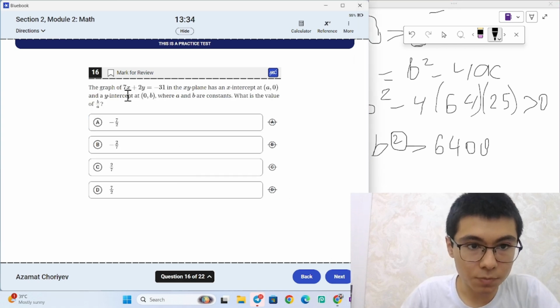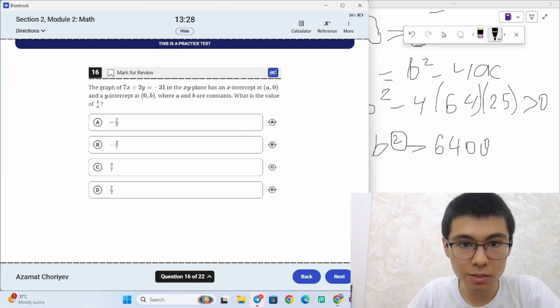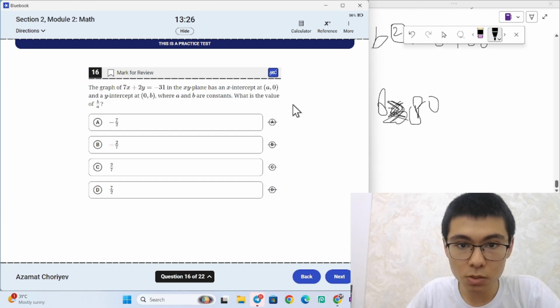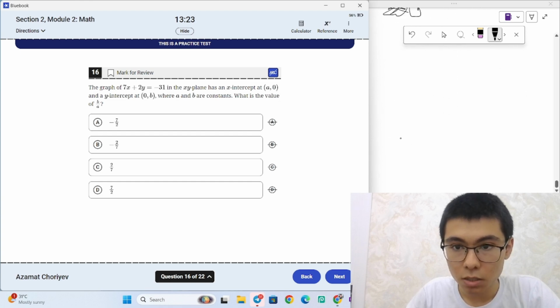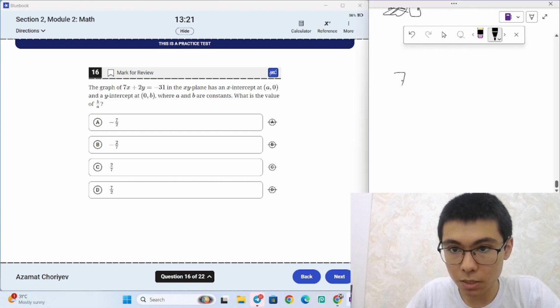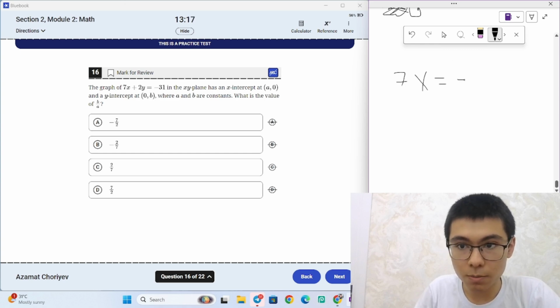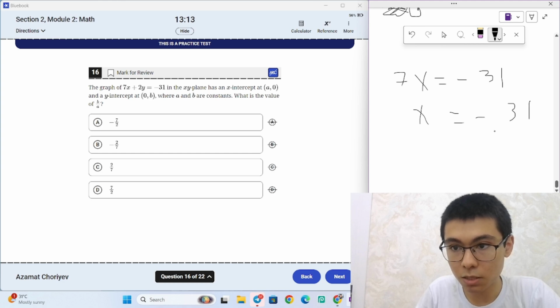Question number 16. So we have a graph and it has an x-intercept and a y-intercept. Okay, that's easy. So if y equals 0, it's going to be 7x equals minus 31, and x is going to equal minus 31 divided by 7.